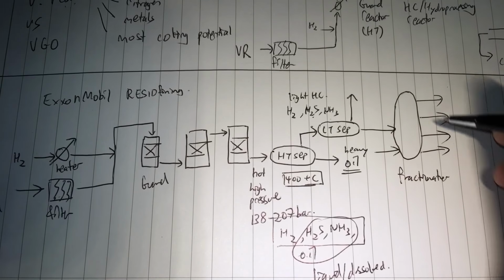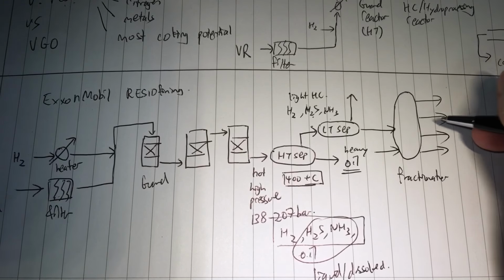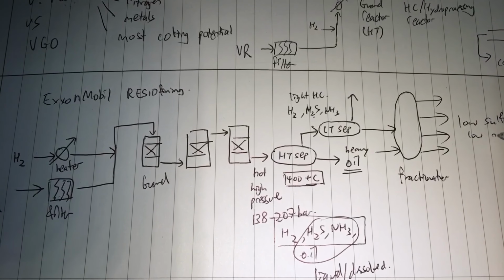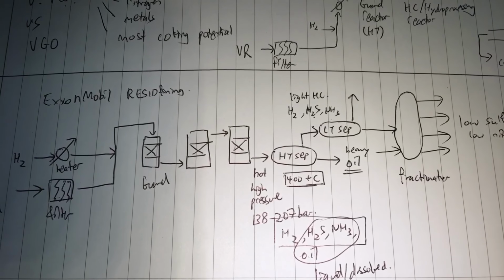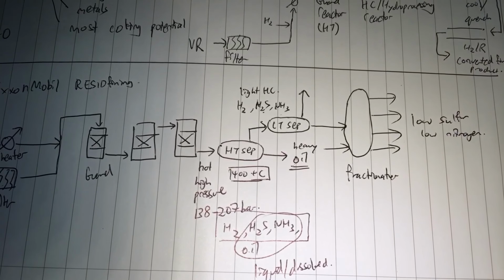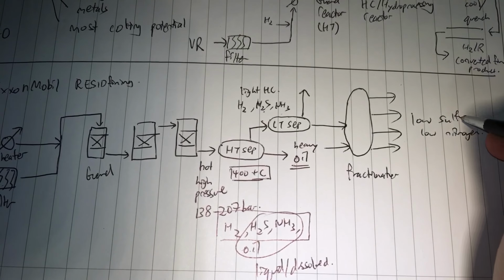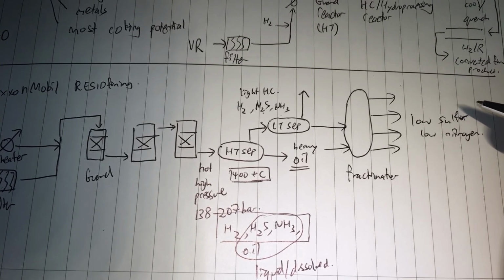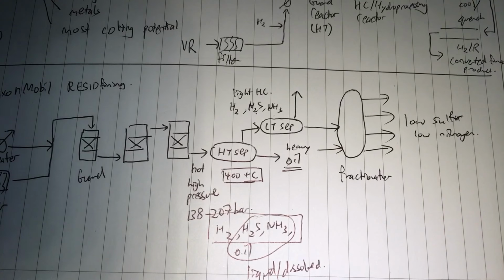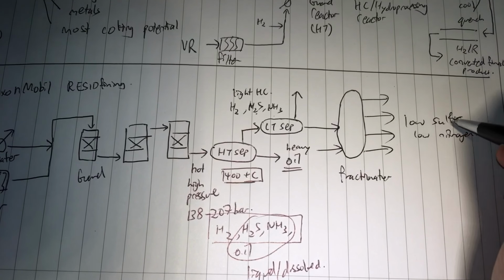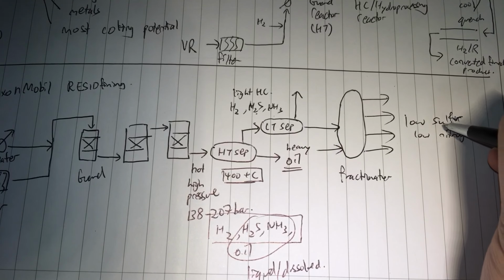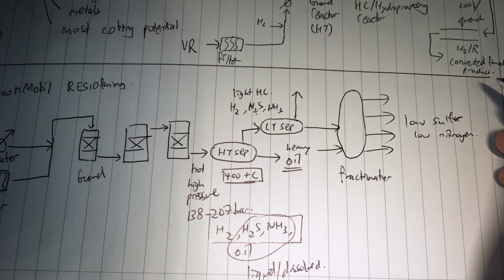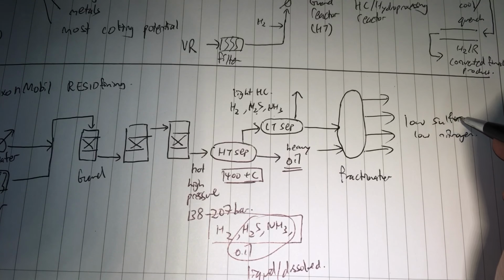Again, here in the fractionator, it will be split into the various products. And all of this stuff here will be quite low sulfur, low nitrogen. But of course, you know that the hydrocracking process actually makes olefins. Sometimes they are not saturated well, so some of the hydrogen sulfide gas can combine with the olefins to form mercaptans.